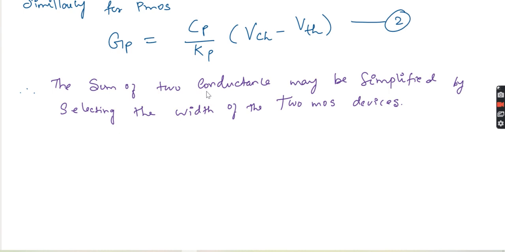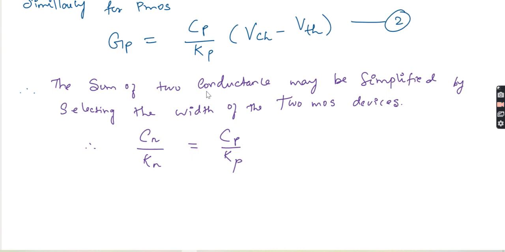So let us say equation 1 and 2, or we can equate them, both are equal, then only we can make the assignment. That is nothing but the ratio will be like Cn by Kn is equal to Cp by Kp.